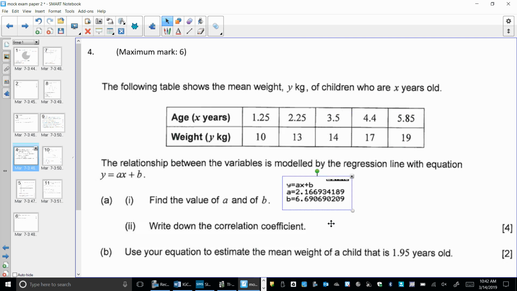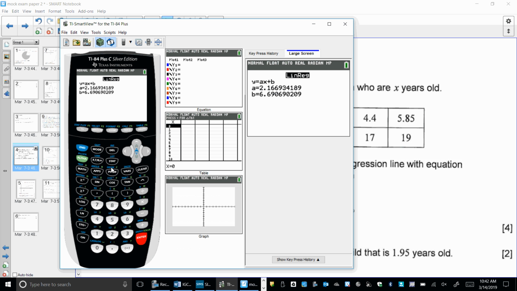Obviously we would round them to, oh, hang on, I think that's wrong. It is wrong, what's happened? Stat, edit.